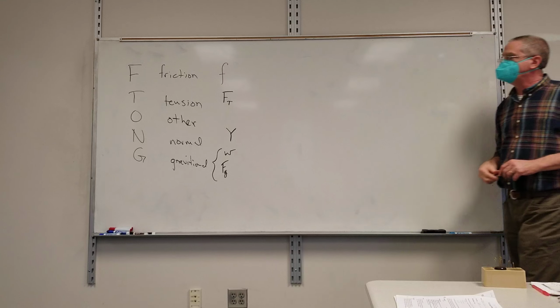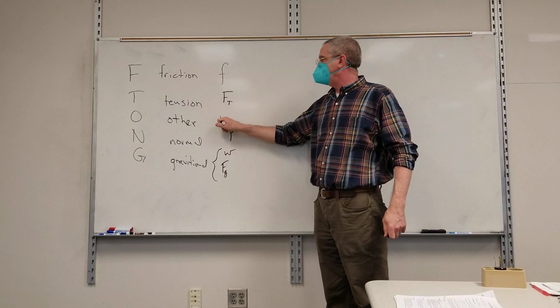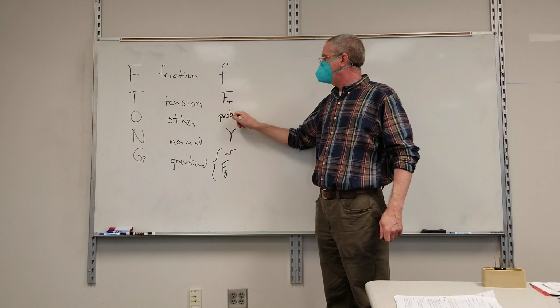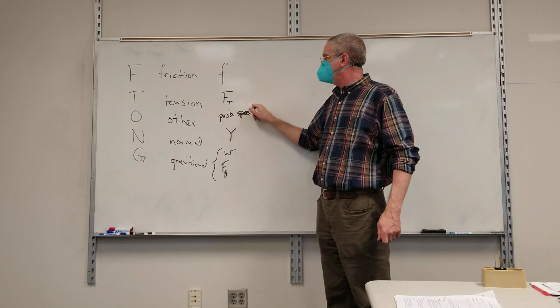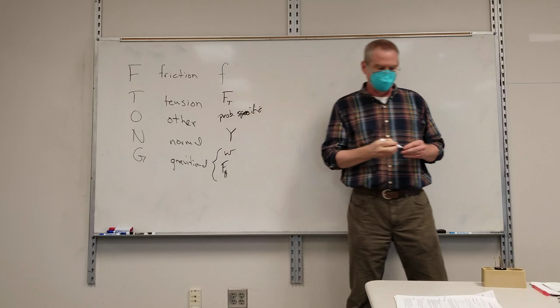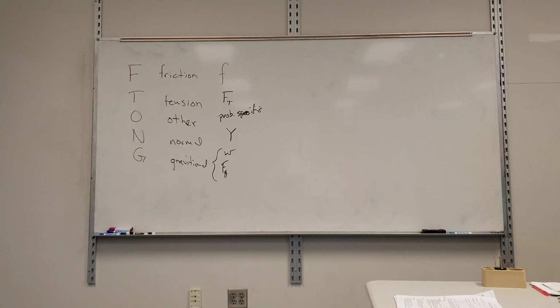Oh, and other, it's problem specific. Because forces come in pairs, whenever I'm doing a force diagram, I'm always going to put down two of them, with the exception of other.